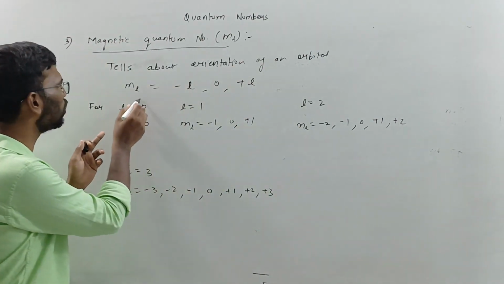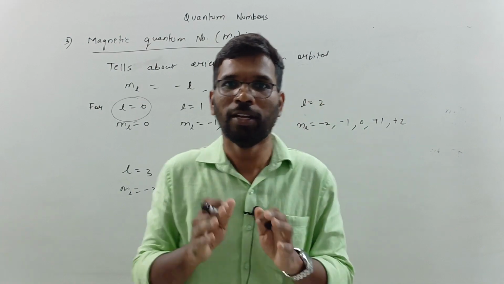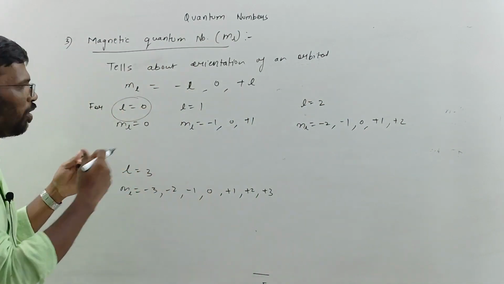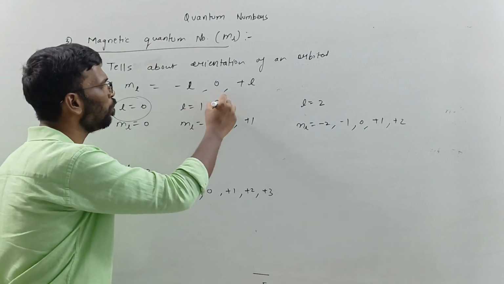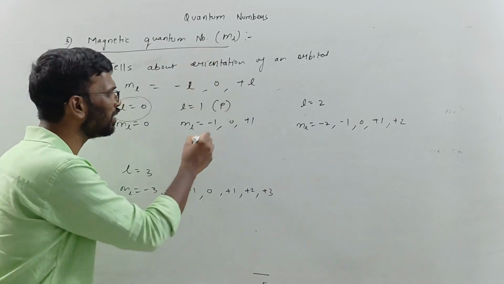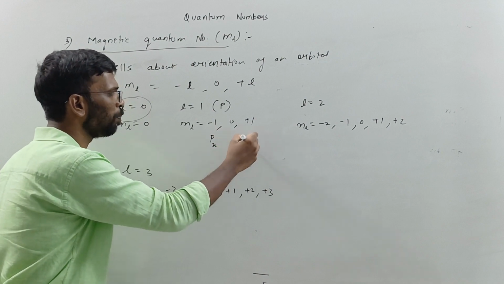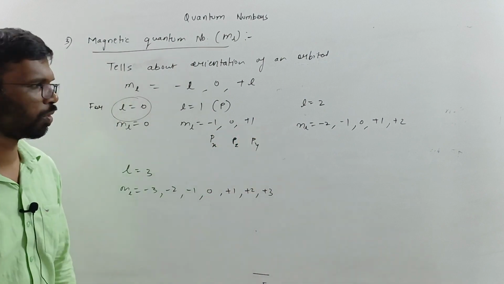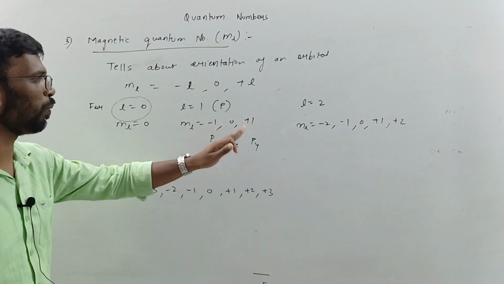l is equal to 0 means it is an s orbital, a spherical orbital. It doesn't have any orientation. So that is what it means. An s orbital will not mark the x, y, z axes. But l is equal to 1 means we are talking of the p orbital. p has three orientations: px, py and pz.